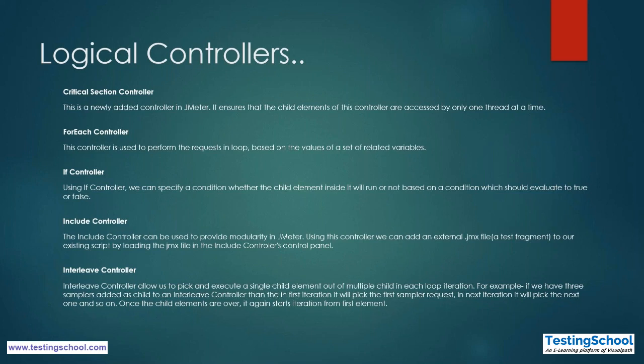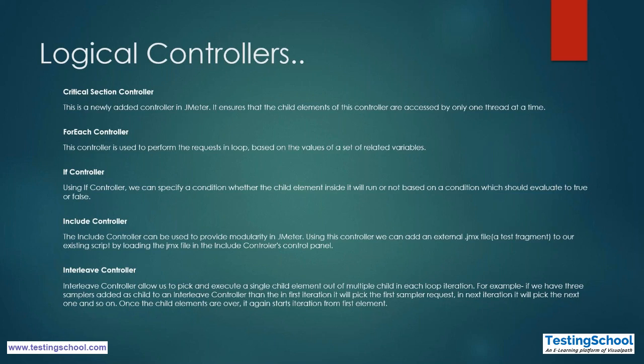So we place those sections inside an if controller and execute. Next is the include controller. The include controller should be used to provide modularity in your JMeter script. That is, if you want to reuse a particular section, you should use an include controller.